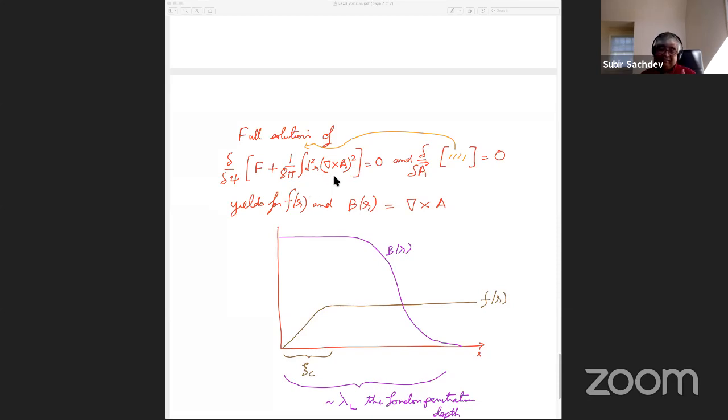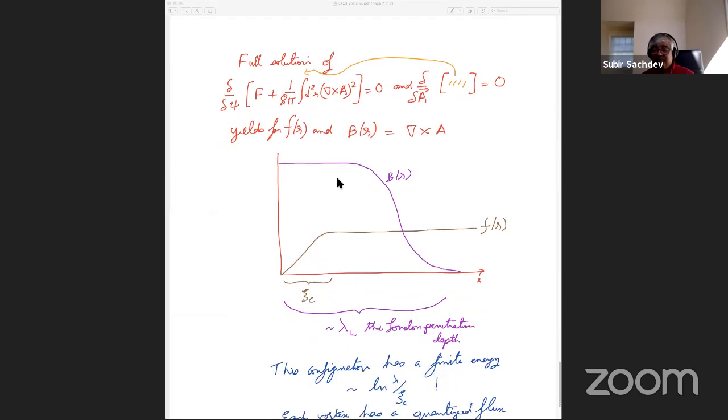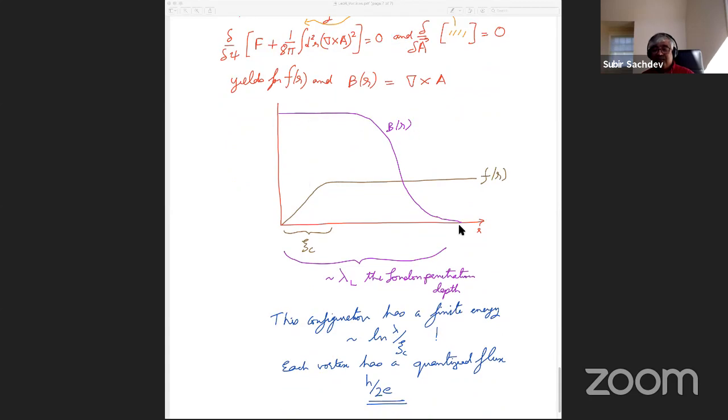All right, so that gives you a complicated set of equations on which books have been written, and I won't go through the solution. Let me just qualitatively show you what happens. The vortex core for f of r is pretty much the same as before, about the same distance psi sub c.